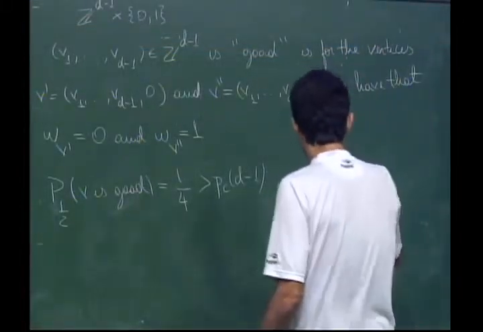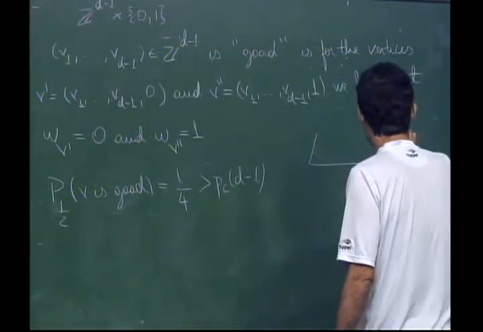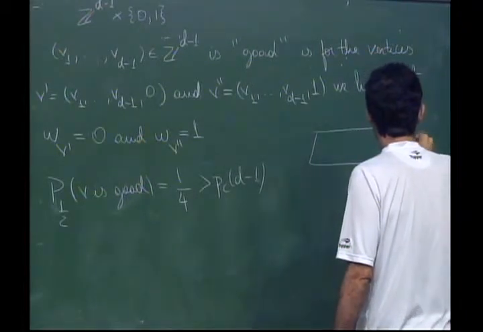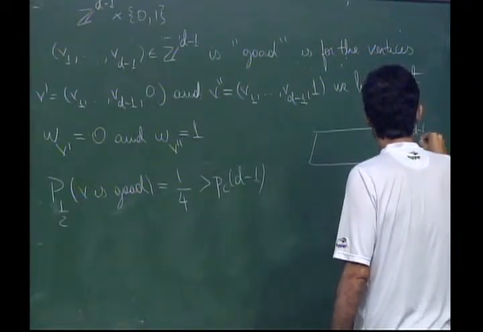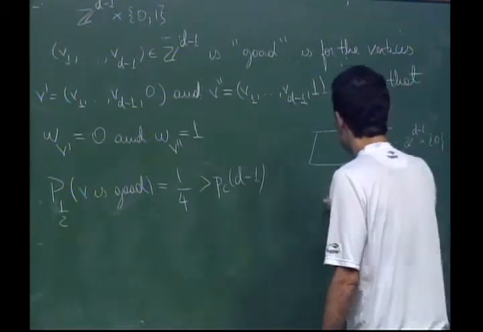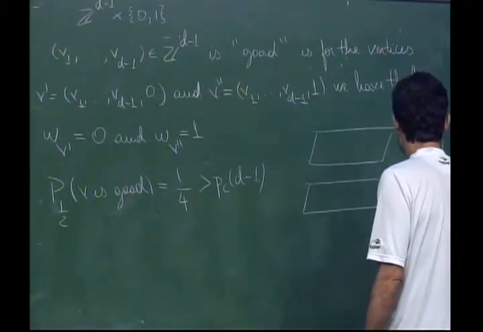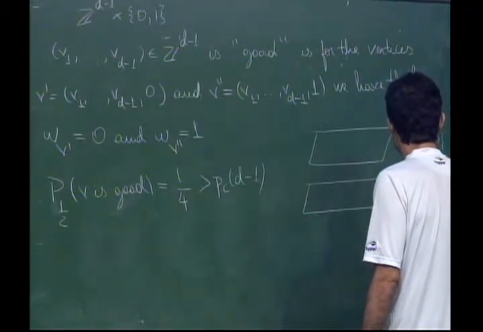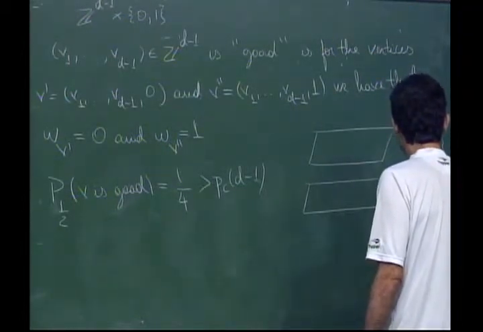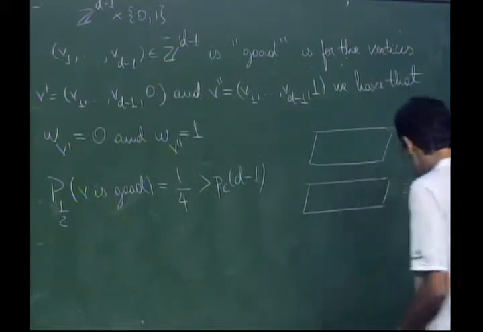Suppose that this is Z^(D-1) times 0, and here the other one, Z^(D-1) times 1.